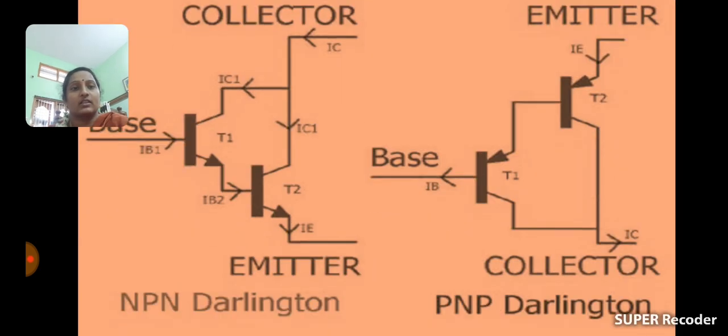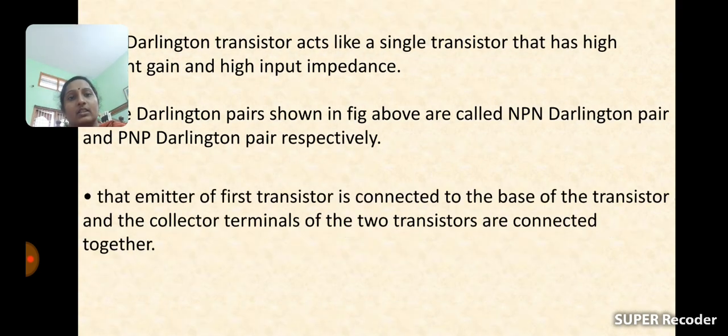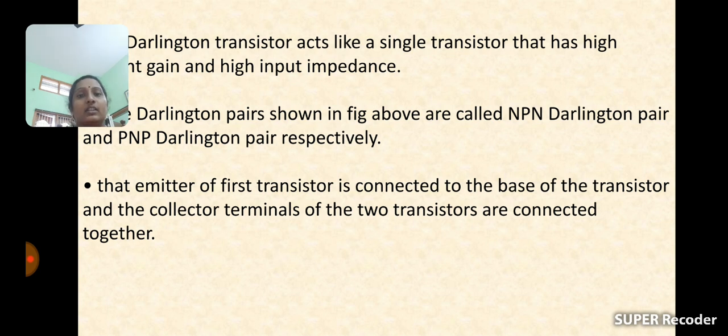So already I explained the two transistors are connected in series like this. The NPN PNP transistor configuration is over. See here, while coming to this slide, here they explain that in a Darlington the transistor acts like a single transistor that has high current gain and high impedance. Why? Because here the two transistors are connected in series.